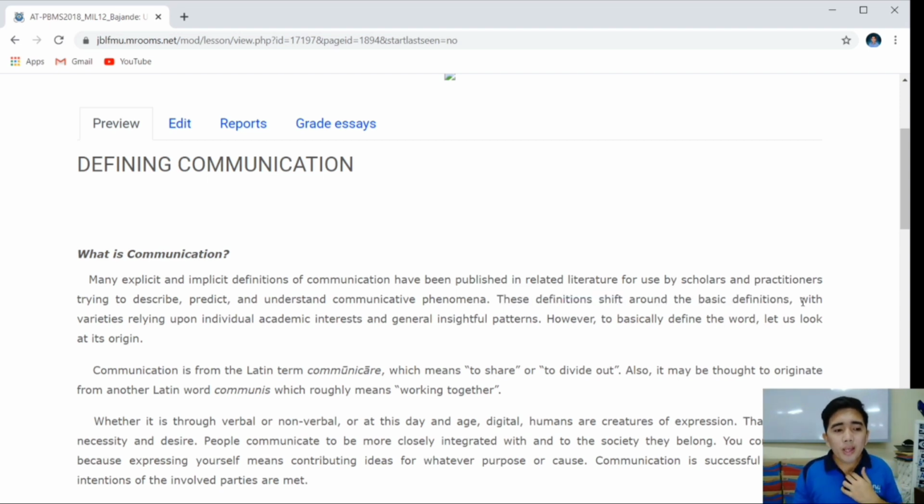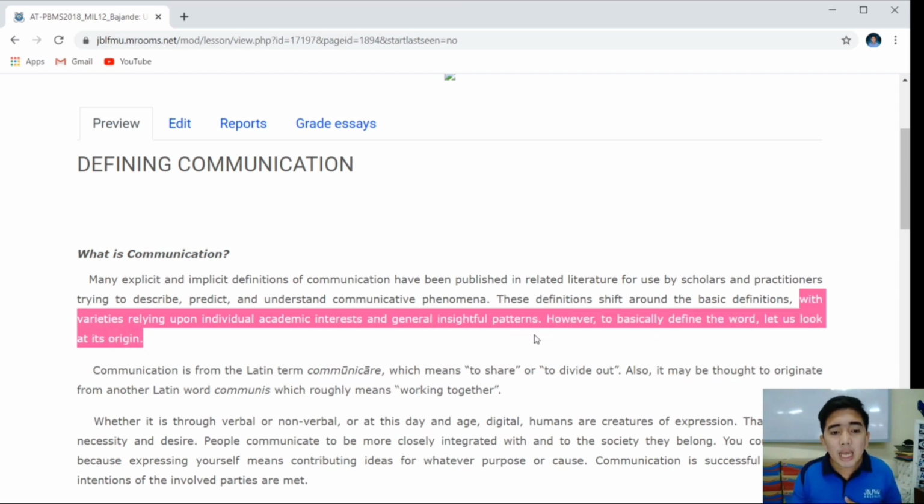Next, with varieties relying upon individual academic interest in general insightful patterns.